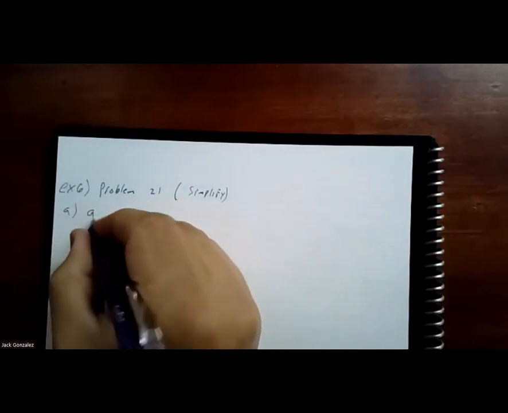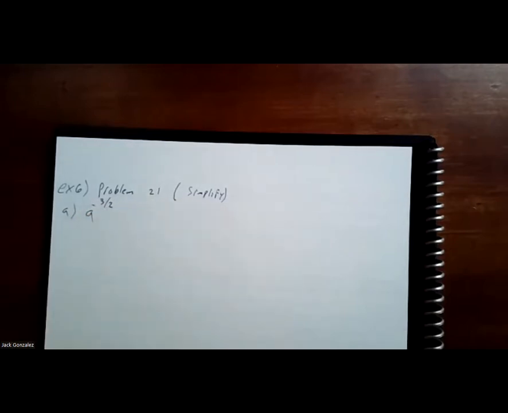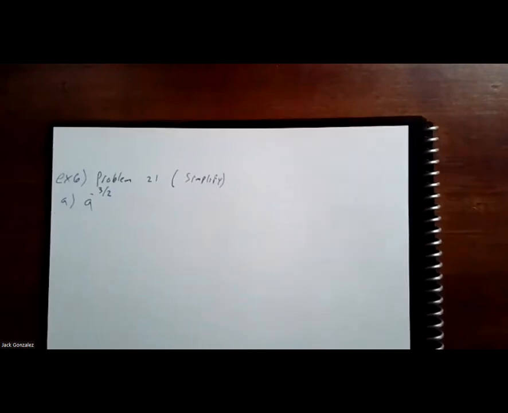So 9 to the -3/2. So there's a couple ways you can do this, but you need to have your properties.